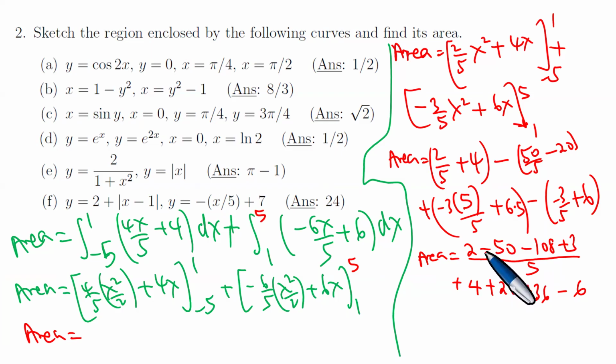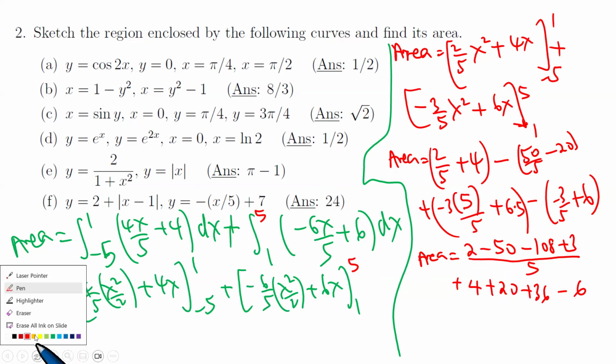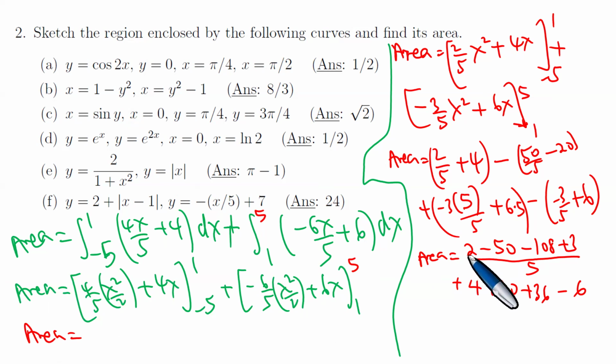Okay. So everything else is going to be the same, but you're going to have a minus 3 by 5 in the denominator of 5. So this one is going to be 2 minus 50, and this one is going to be minus, let's see what we're getting.